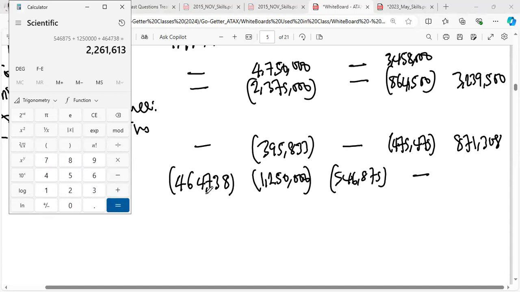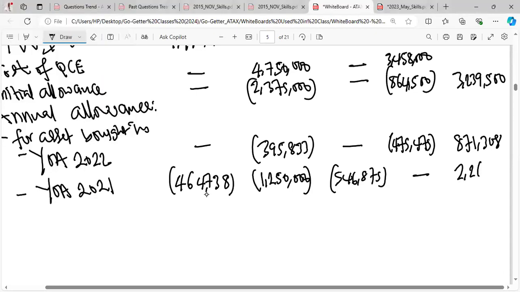That will give me 2,261,613. All right, so we've done with the capital allowance.